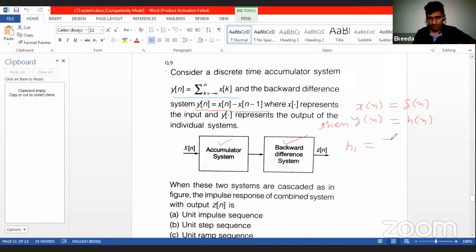So h1(n) will be the summation k equals minus infinity to n of del(k). If we sum impulses from minus infinity to n, it will simply become u(n).